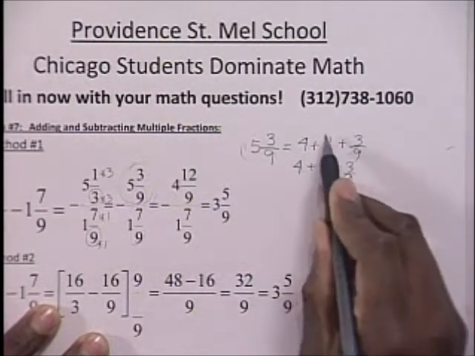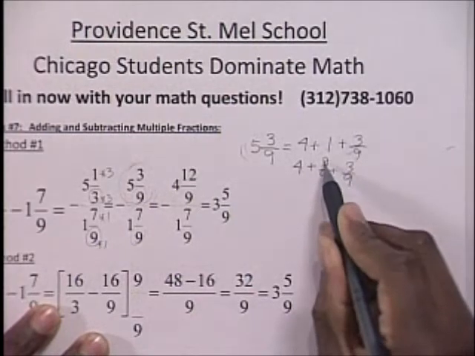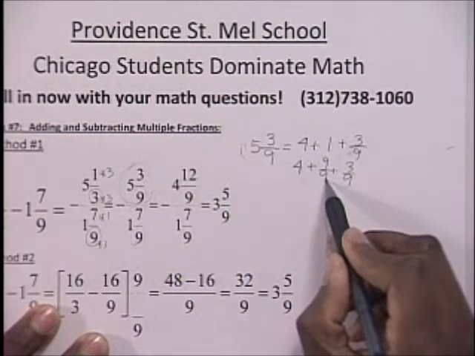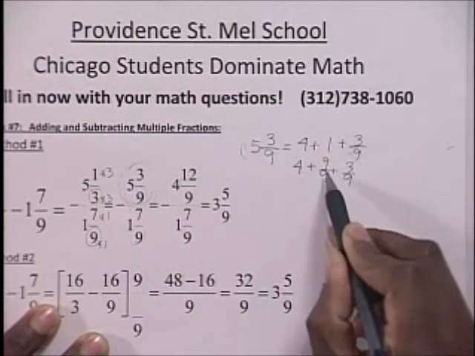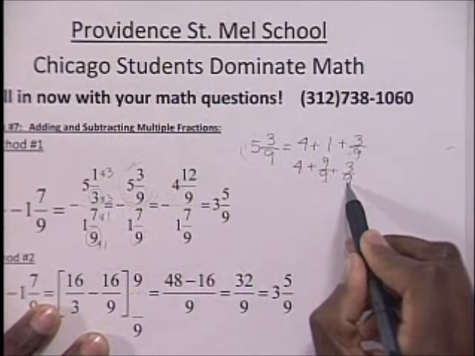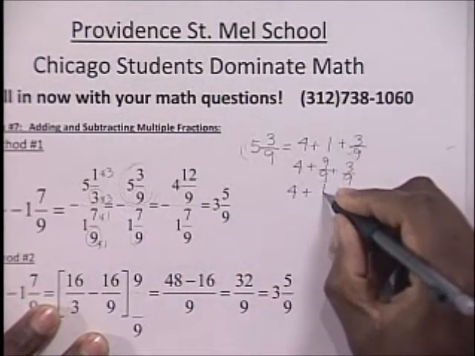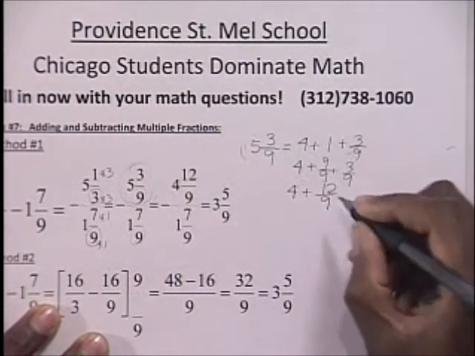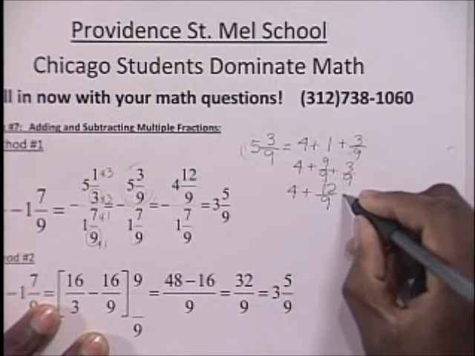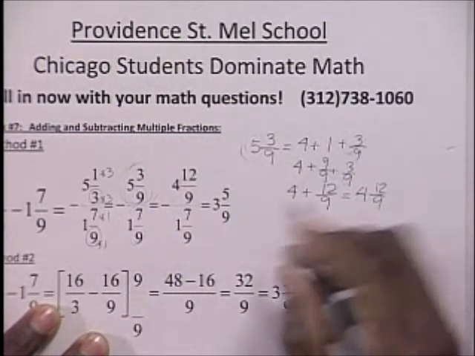We've already acknowledged that another way to say 1 is 9 over 9. Now, why did we choose 9 over 9 and not 3 over 3 or 2 over 2? Because we're adding this 9 over 9 to a fraction that already has a denominator of 9. So now what you have is 4 plus 12/9, and 4 plus 12/9 is the same thing as 4 and 12/9.